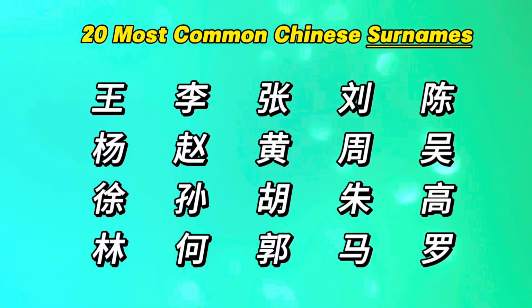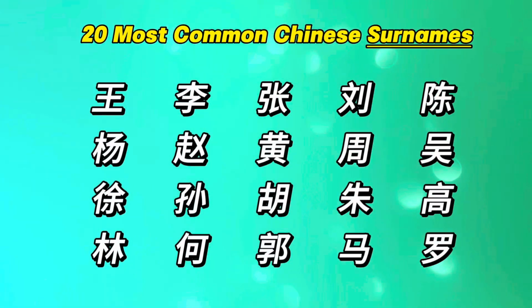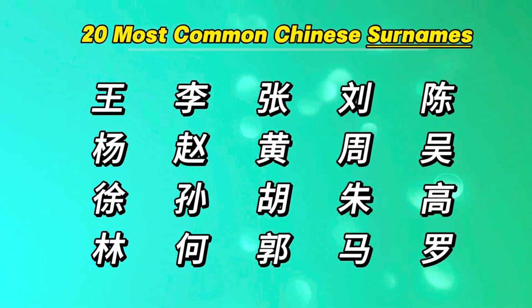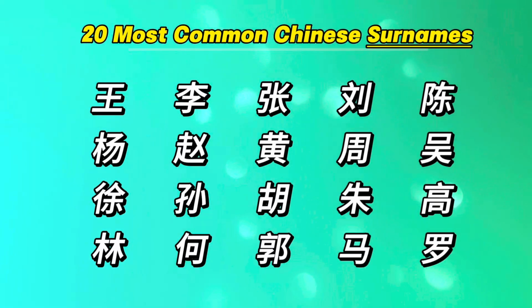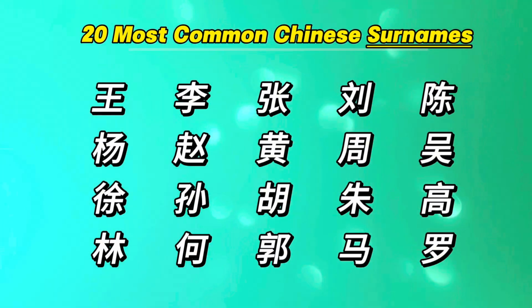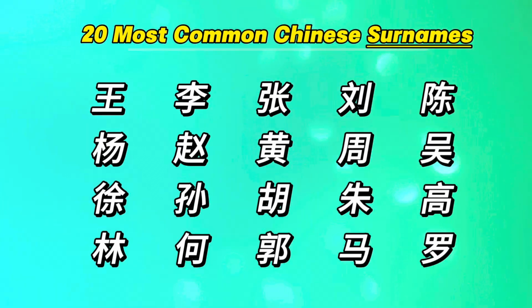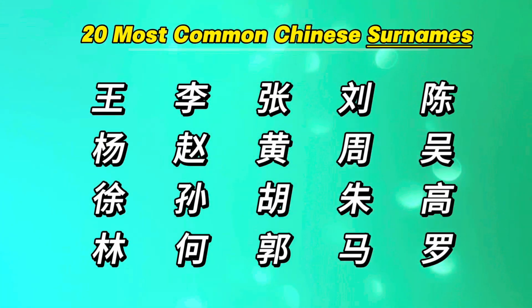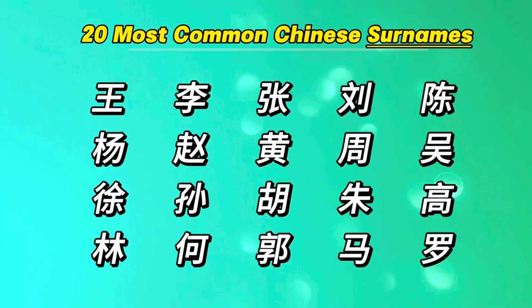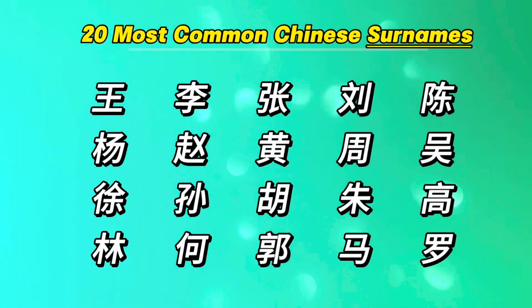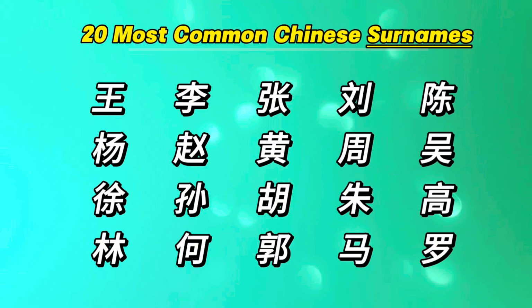Common surnames: Wang, Li, Zhang, Liu, Chen, Yang, Zhao, Huang, Zhou, Wu, Xu, Sun, Hu, Zhu, Gao, Lin, He, Guo, Ma, Luo.